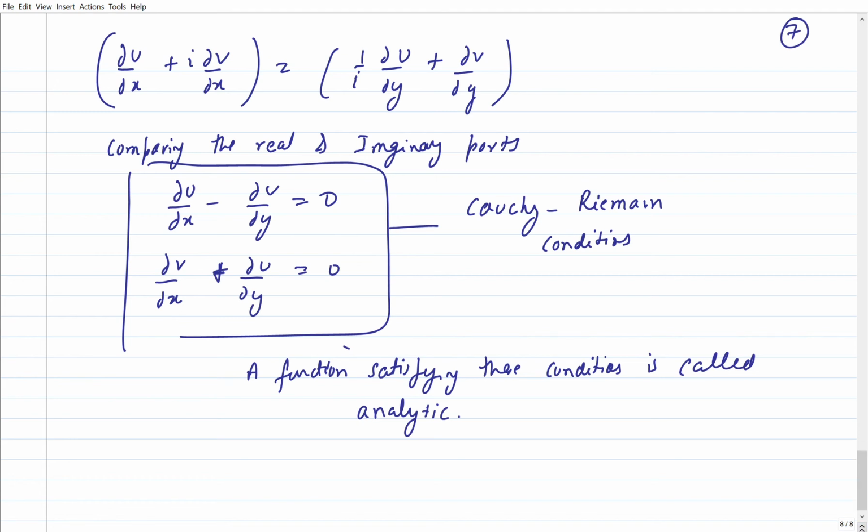So, for example, consider the function f(z) as e to the power z, or you can also have any other function.